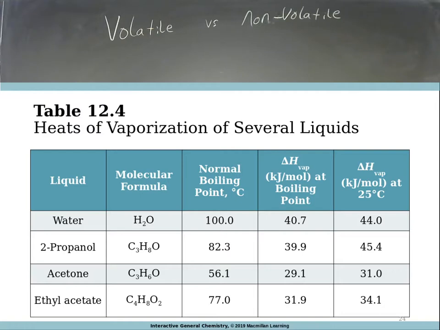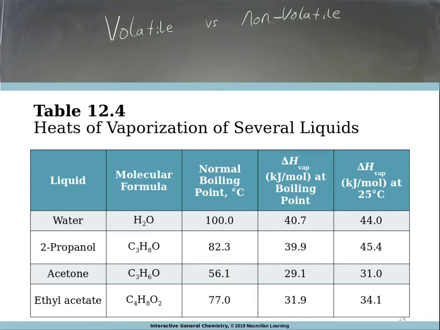And so we're just going to use enthalpy of vaporization from here on out without even regularly making reference to whether it's at the boiling point or at the 25 degrees Celsius. Most numbers are going to be at the boiling point, just so you know, but we won't be drawing attention to that.